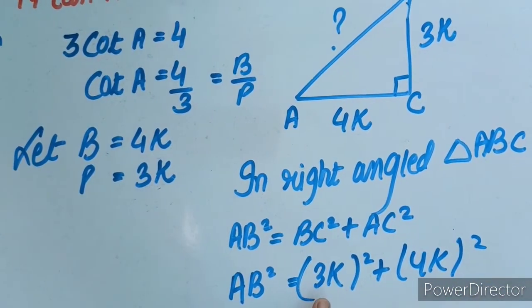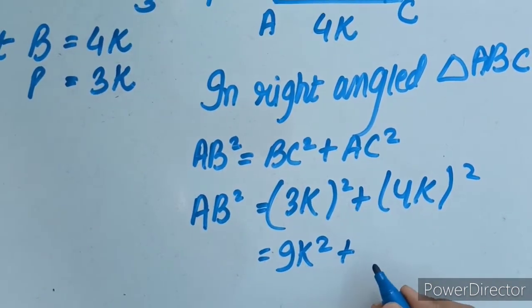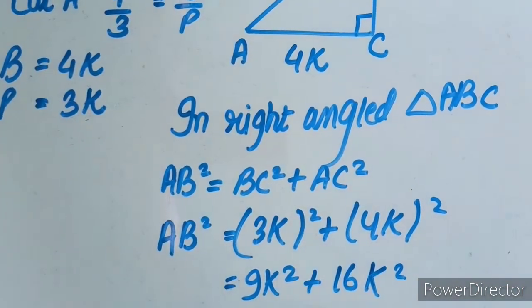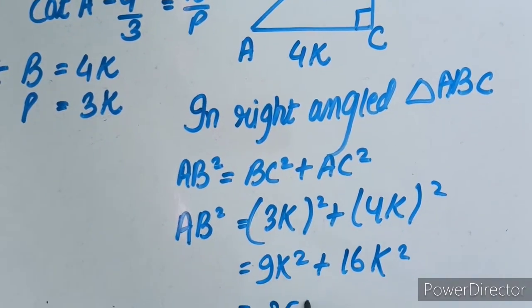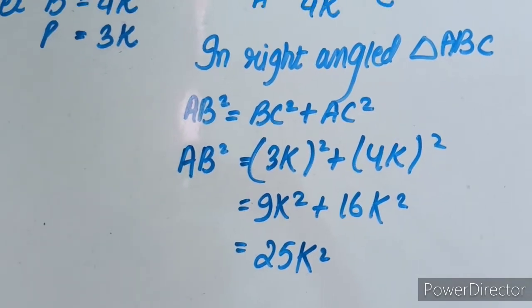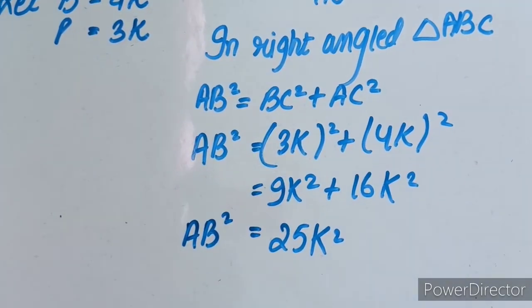Now the square of 3 is 9k square, whereas the square of 4 is 16k square. Now 9 plus 16 is equal to 25k square. Okay, now AB square is equal to 25k square.